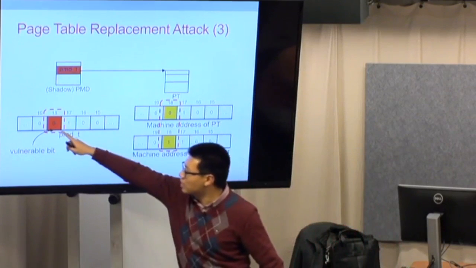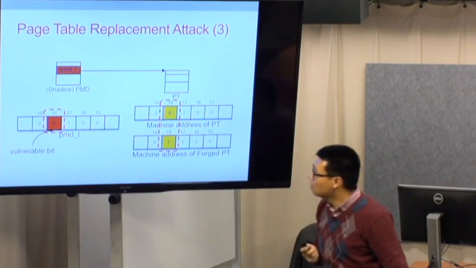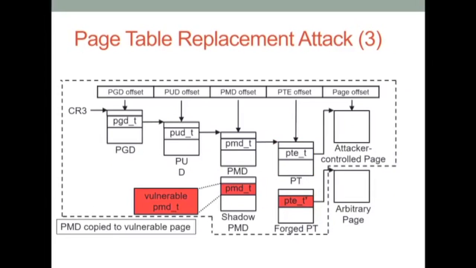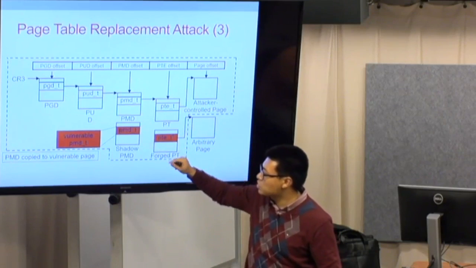This is the bit that is vulnerable to Rollhammer attacks. The next step is to copy the original content of the PMD to the vulnerable page, and we call this vulnerable page the shadow PMD.